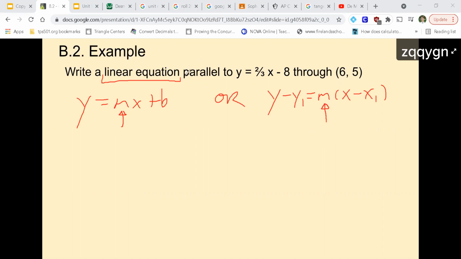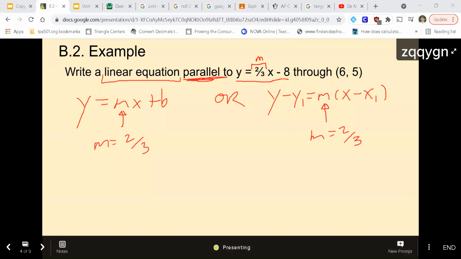So if our line is parallel to this one, then it has to have the same slope. So what is the slope of this line? 2/3. So then our line will have to have the same slope. So the first step for both of them is the same.